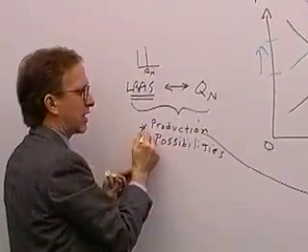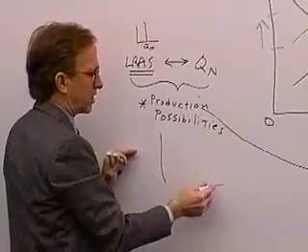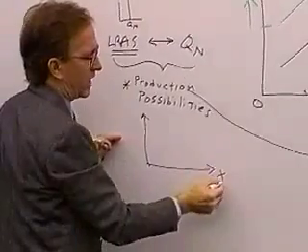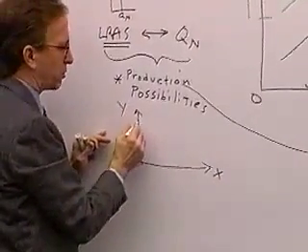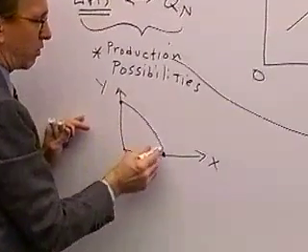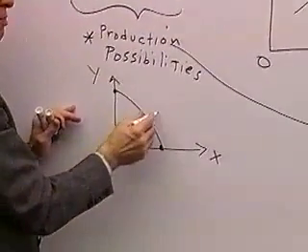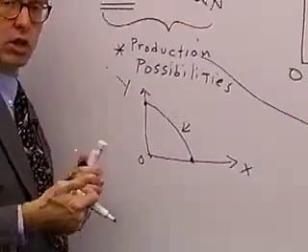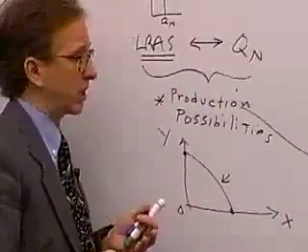And I'm saying to you that our production possibilities frontier that we saw earlier in the semester, where we've got some good X and another good Y, and we can produce a certain amount of X or a certain amount of Y using all of our resources, shows our ability to produce goods and services using all available resources and our best technology.